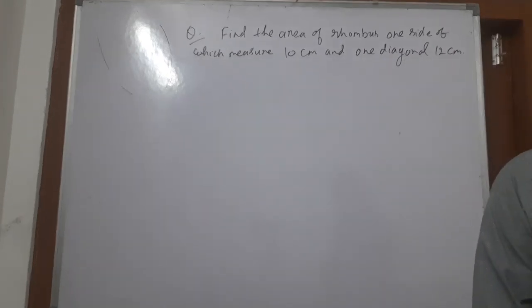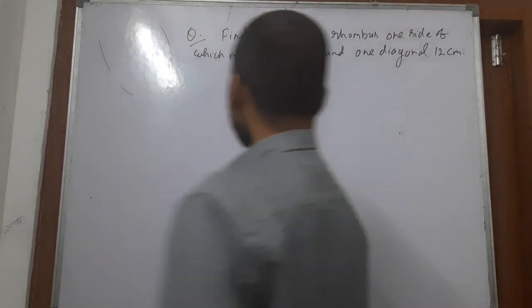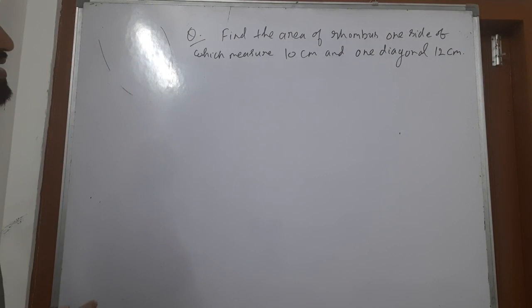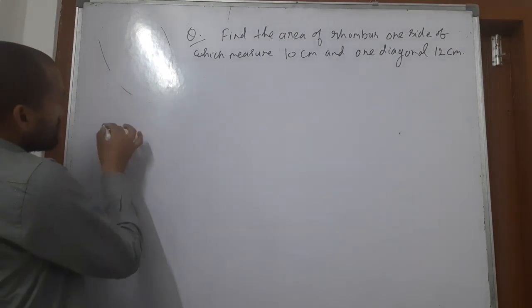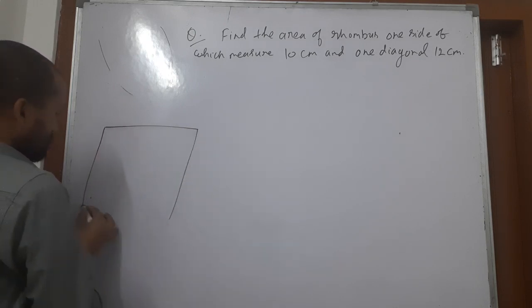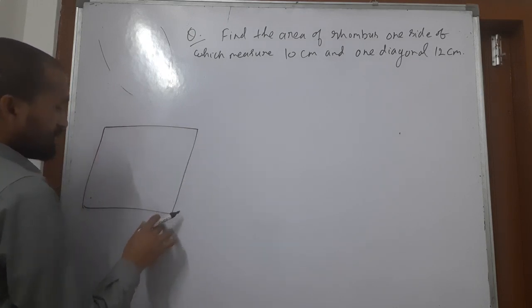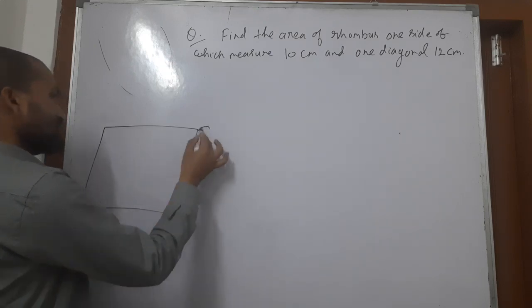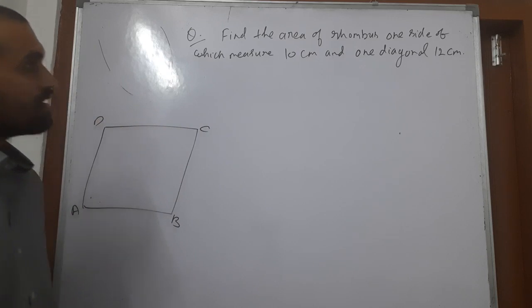Okay students, we have to find out the area of the rhombus. So let us draw a rhombus. This is our rhombus, name it ABCD.